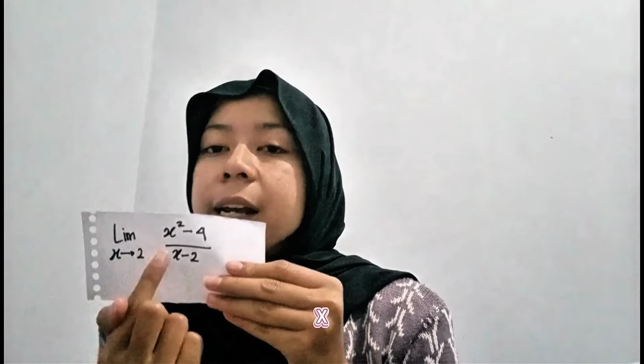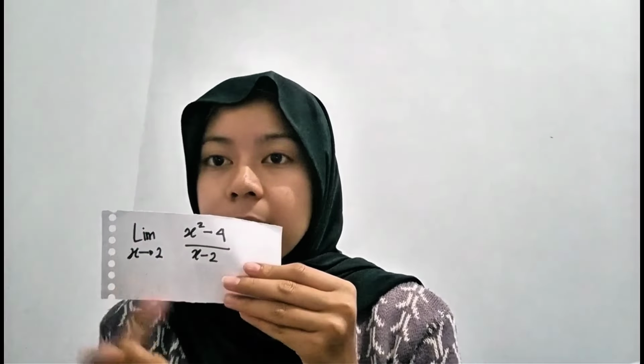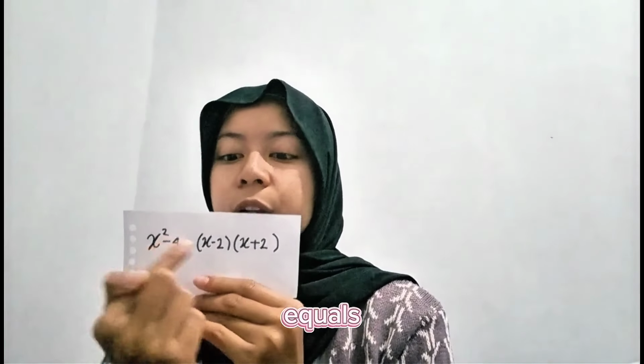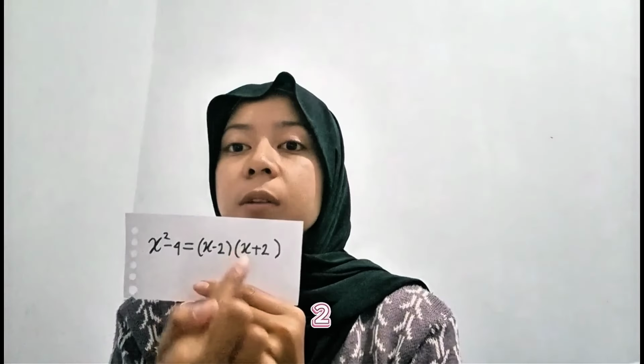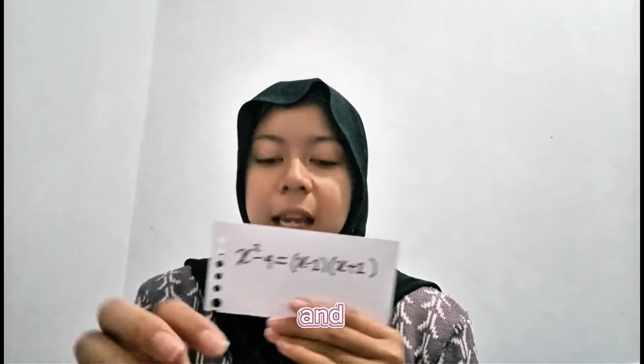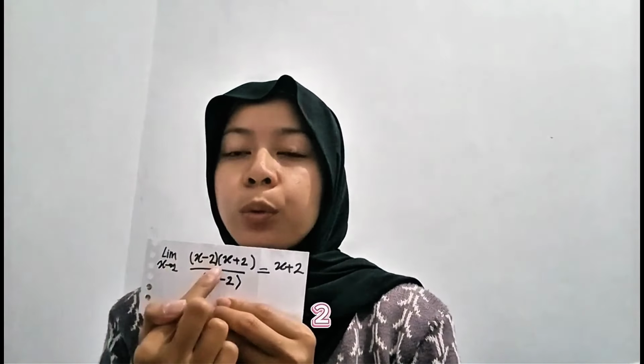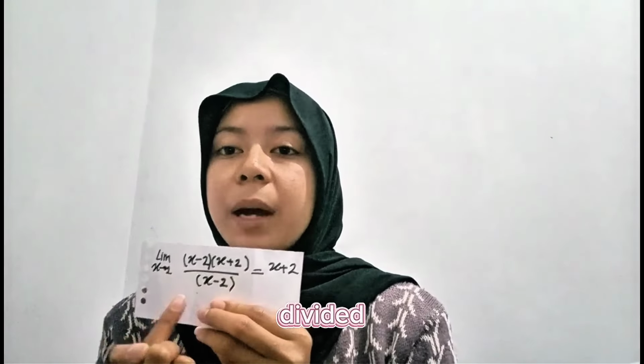Because if we substitute x equals 2, we have 0 divided by 0, so we can search for the factors of x squared minus 4 in the limit. We know the factorization of x squared minus 4 is x minus 2 times x plus 2. If we use that in the limit, we have the limit as x approaches 2 of x minus 2 times x plus 2 divided by x minus 2.